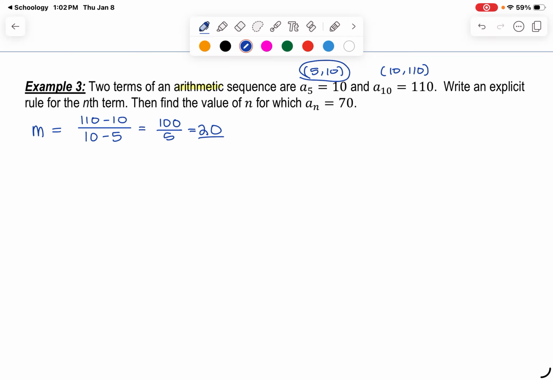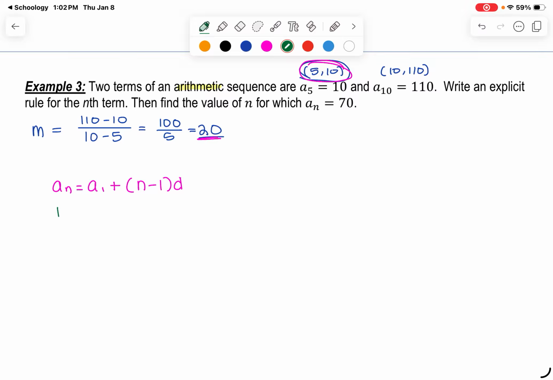I can use that. Or I can do it just like I did the last one, which is what I'm going to do. So I'm going to say, all right, now I have a point and the slope. So I'm going to use a sub n equals a sub 1 plus n minus 1 times d. But there's so many different ways to do this, and I honestly do not care which way you do it.